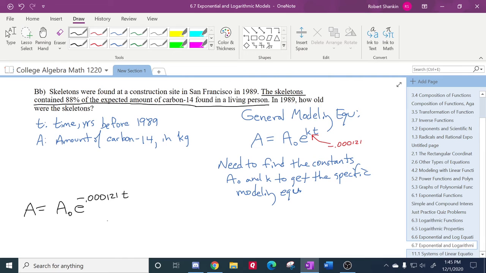Okay, group 2, any ideas of what to do with this 88%? Even if it's just a total guess, it will get us at least moving.